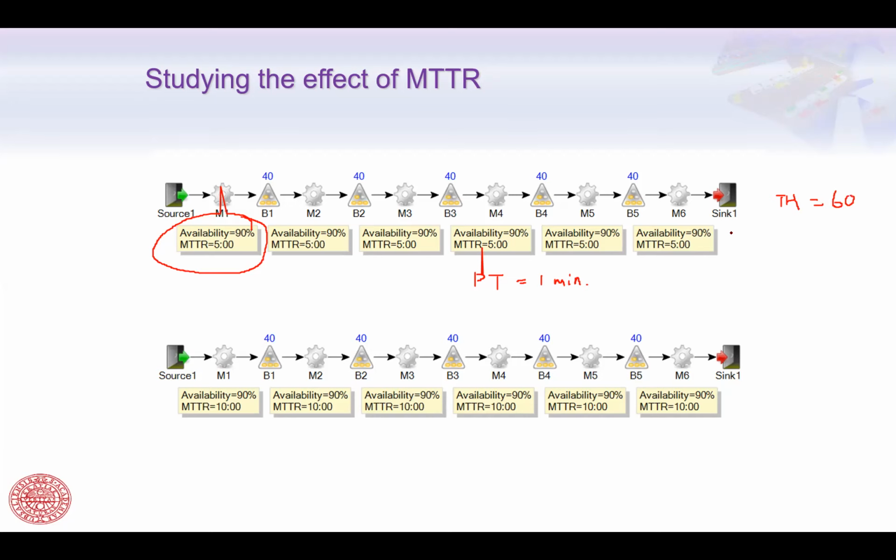But industrial people will say that with the availability of 90%, your throughput will be 60 times 0.9. I want to tell you that if you believe that this calculation gives you your throughput and you have no need to do any modeling simulations, this will be wrong.